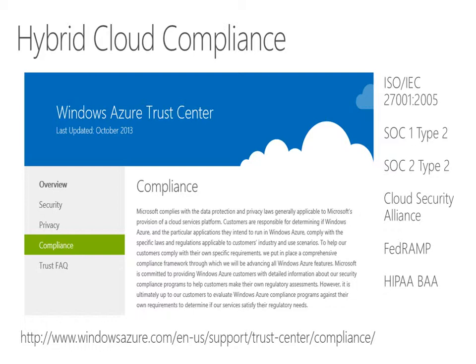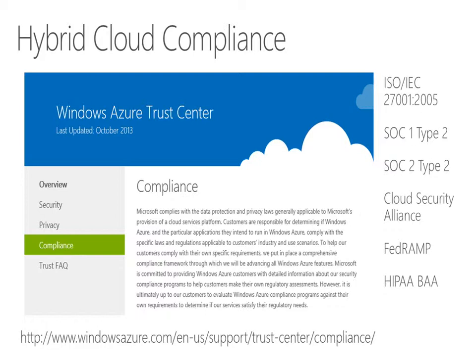We currently support compliance around the ISO IEC 27001 2005 standard, SOC 1 Type 2, SOC 2 Type 2, the Cloud Security Alliance standards, FedRAMP, and HIPAA. And you can find the full details around our compliance across each of these areas at the link listed on the slide in our windowsazure.com Trust Center page.